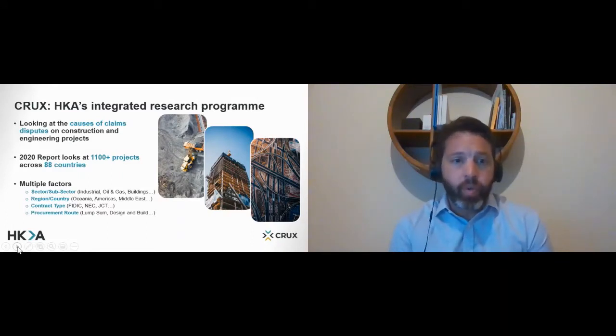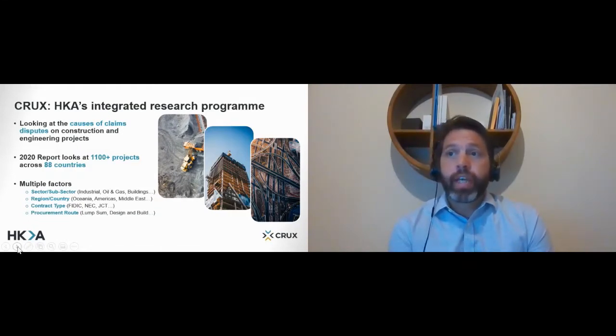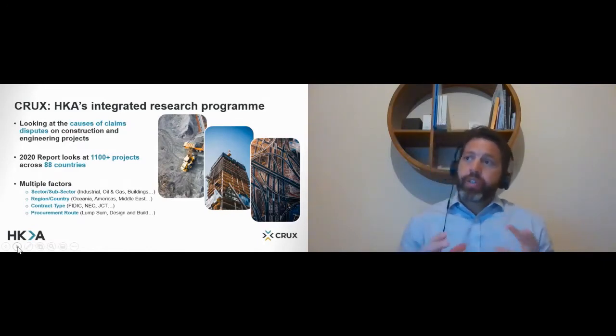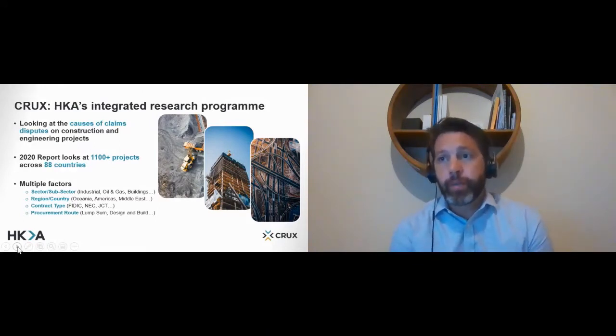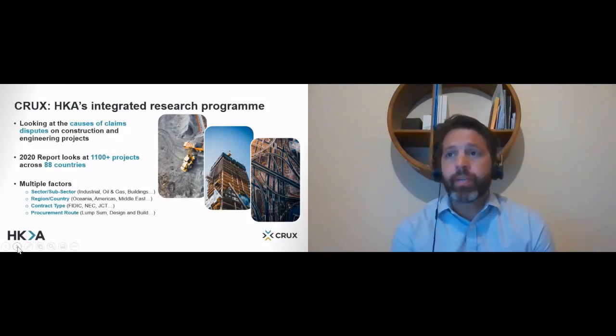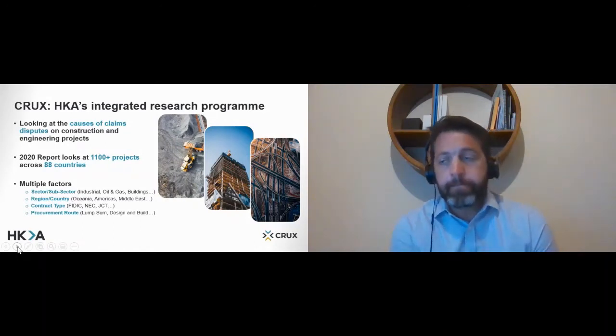In the latest report, we do annual reports, so we do one every year, we've looked at over 1,100 plus projects across 88 countries. As I said, it's not just oil and gas, it's in all the sectors that you would see. So you can break the data down into industry, oil and gas, buildings, infrastructure, etc. It's a global collection, so it covers not just the Middle East, but the rest of the world as well.